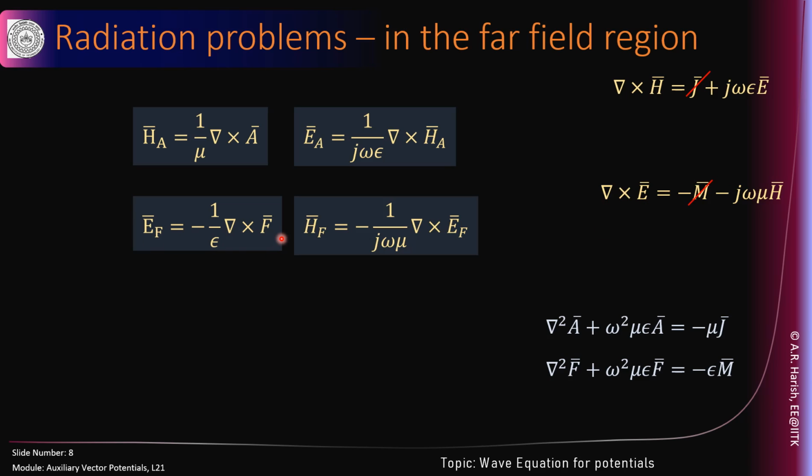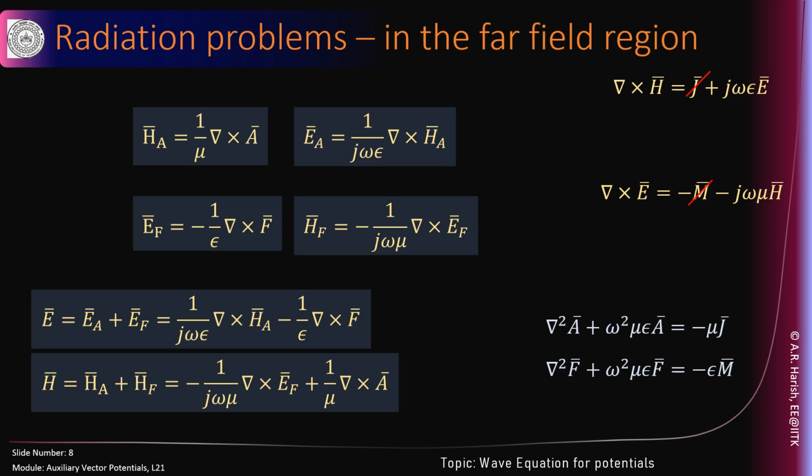Therefore, we can compute H as minus 1 upon j omega mu del cross E_F. This is valid if you are trying to find the fields of an antenna where the sources are confined to a small volume and the fields are evaluated away from the sources. Of course, the total electric and magnetic fields will be the sum of these respective components.